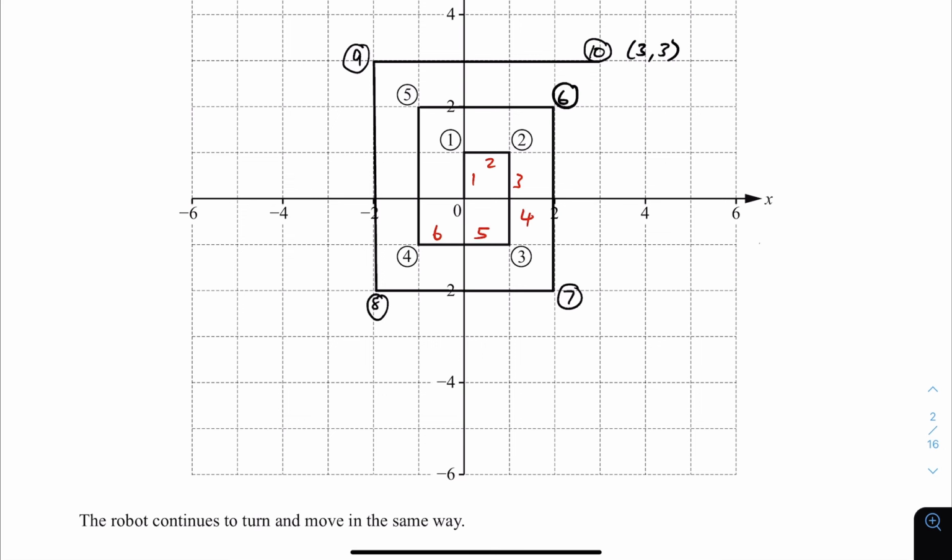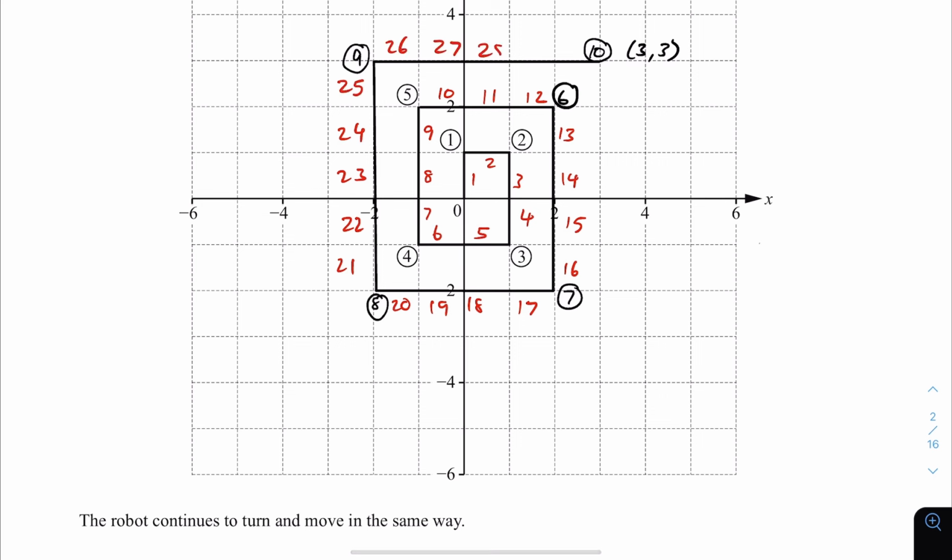So if we count it in the same way, we should definitely get to corner 10 and get a value for it. So 7, 8, 9, 10, 11, 12, 13, 14, 15, 16, 17, 18, 19, 20, 21. So in this question, you can just assume that they want the answer. So you can just literally count it like this, and it's fine.